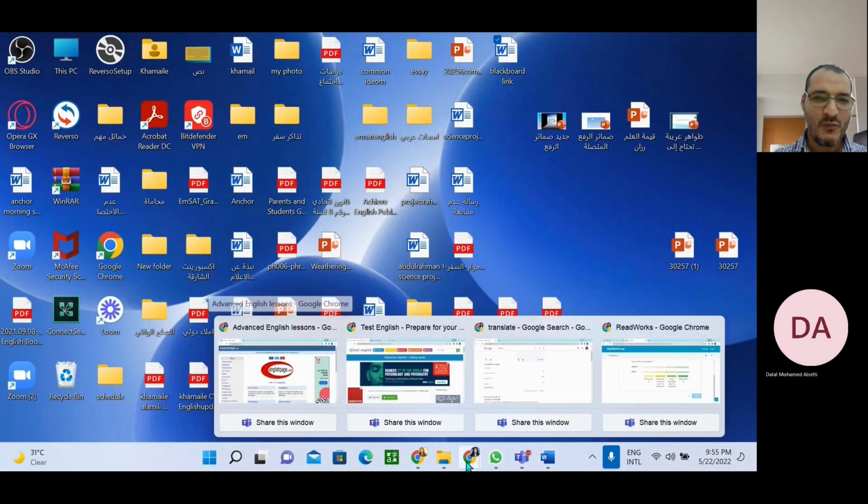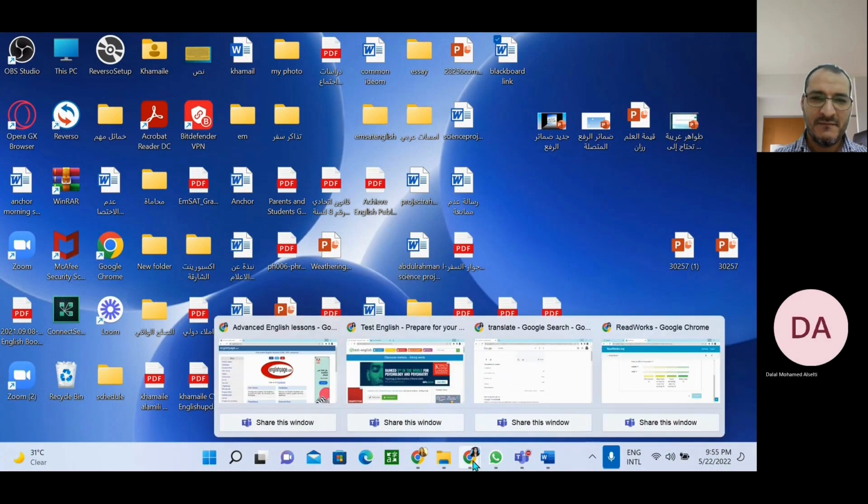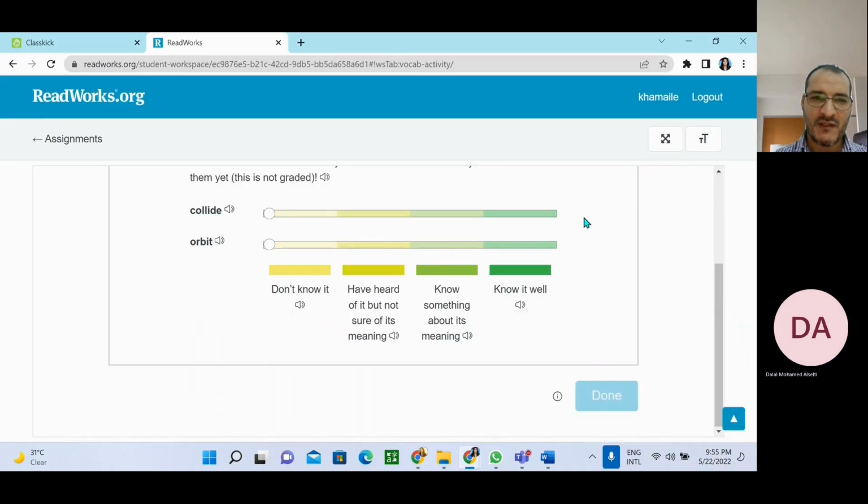Welcome. Yeah, ReadWorks. Do the vocabulary first, please. Collide. Now drag the cursor to the end. Very good. Done.